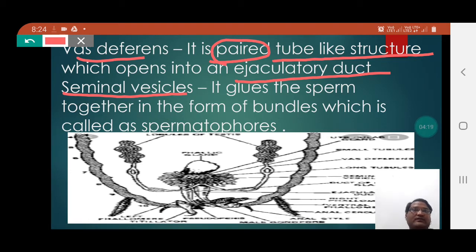So students, even the seminal vesicles have a very important role, as the sperm which is carried by the testis to the vas deferens, and further from vas deferens to the seminal vesicle, the seminal vesicle glues these sperms in such a way that it forms a bundle, and this bundle of sperms is called spermatophores.